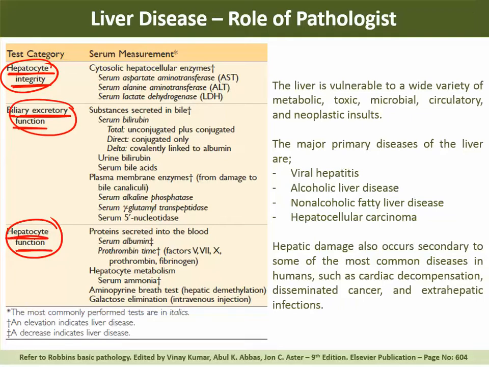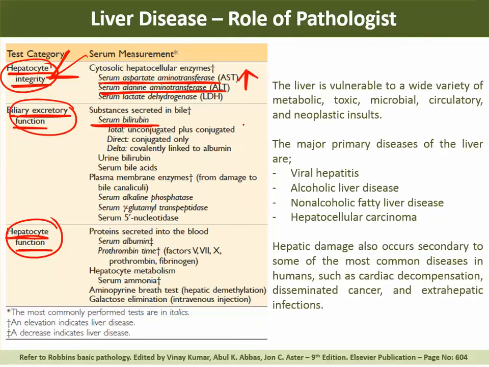To know the injury of the hepatocytes, we measure certain enzymes, especially these 2 enzymes, serum aspartate aminotransferase and serum alanine aminotransferase. If there is hepatocyte injury, these 2 enzymes will be elevated.